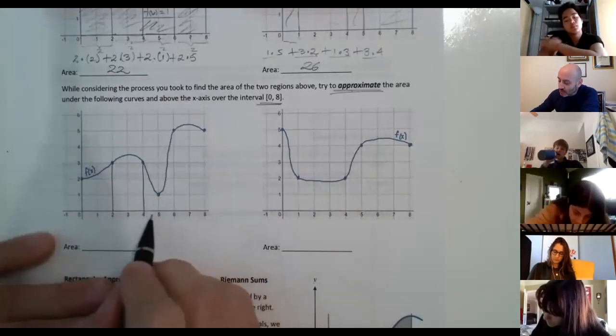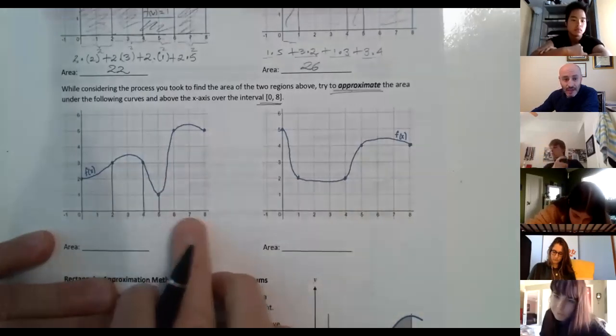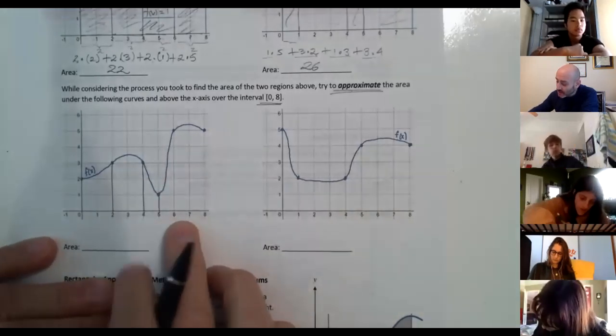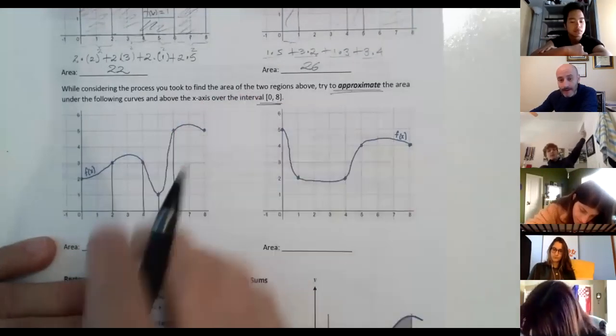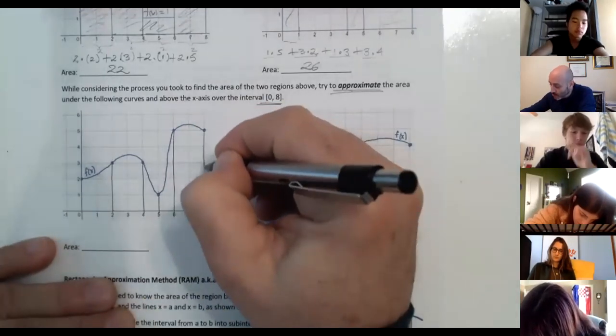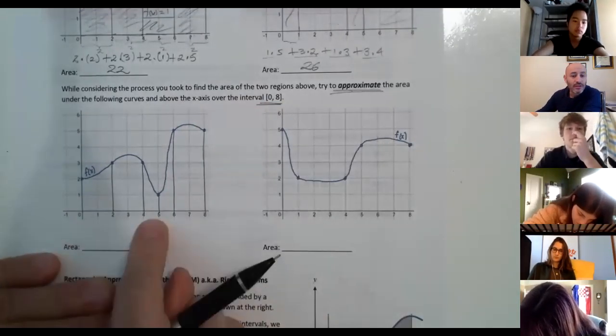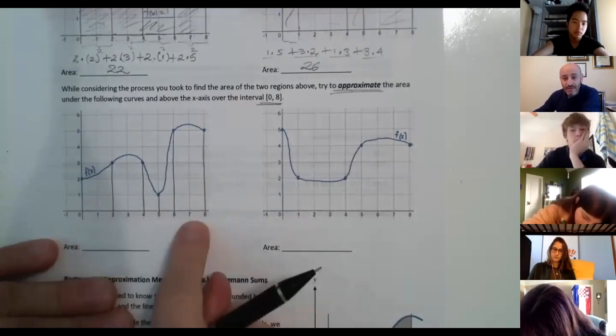The next rectangle is gonna go from 4 to 5. And the next rectangle will go from 5 to 6. Okay? And the last one will go from 6 to 7. So in this partition, they're not evenly distributed, the lengths of the bases, right?